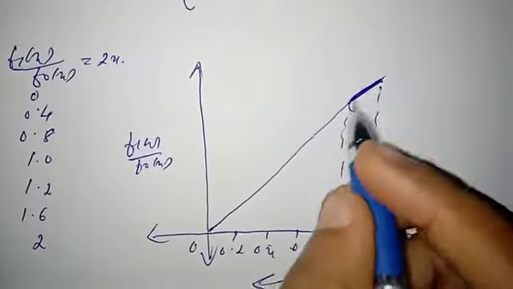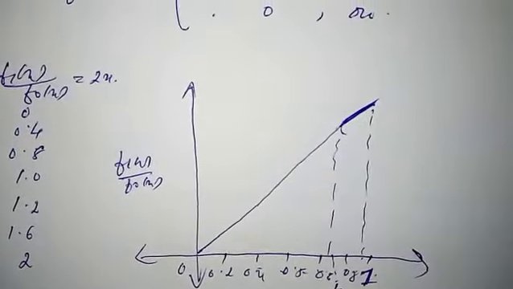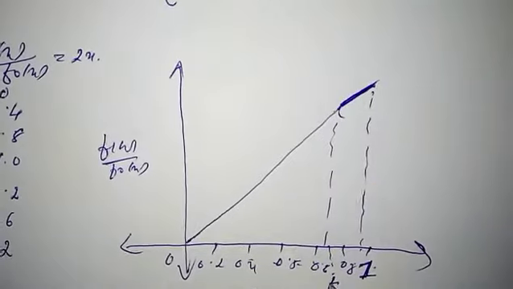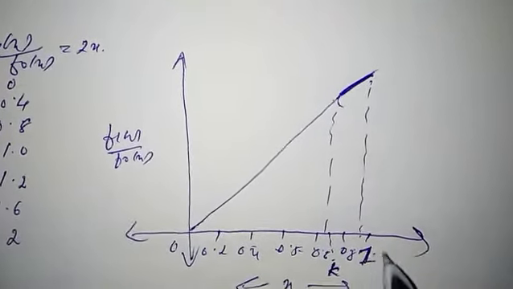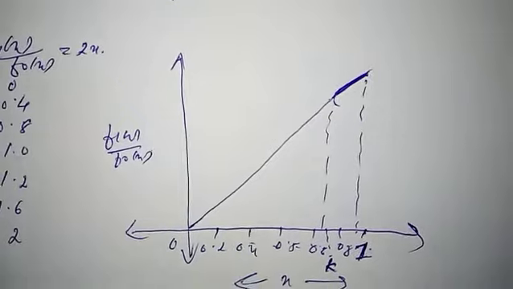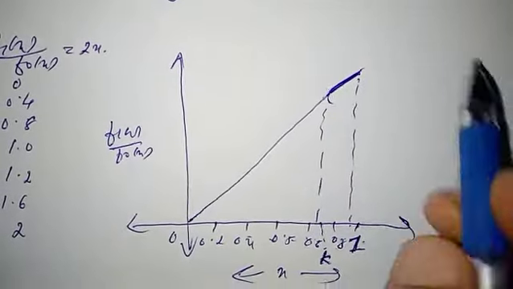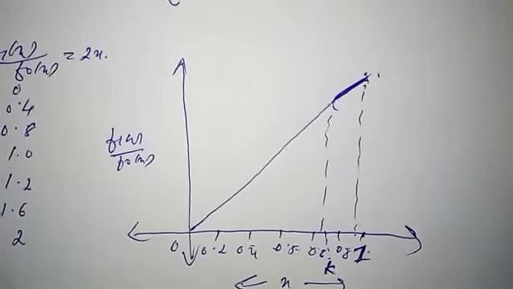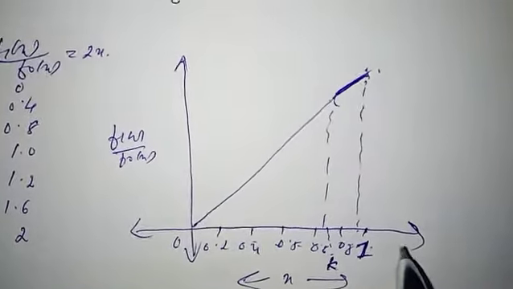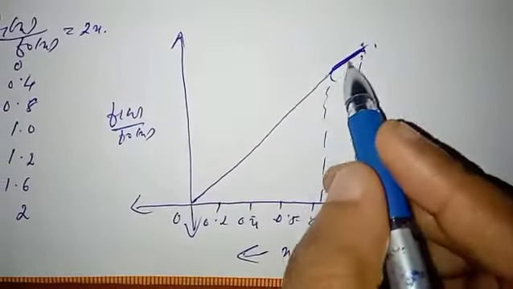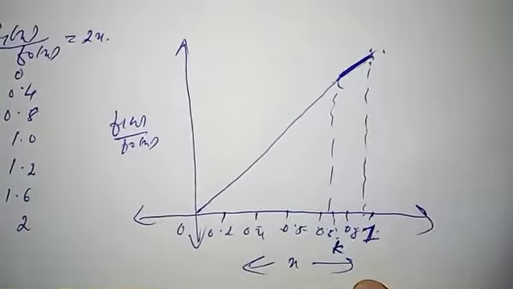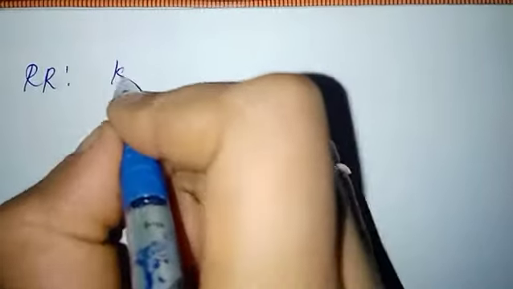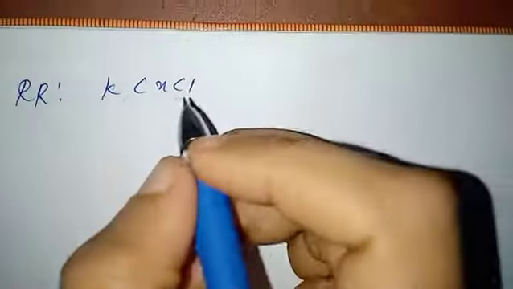The highest ratio value we take is k, and the last value is 1, because x takes values 0 to 1, so the upper limit is 1. Then the rejection region is k < x < 1. This is the maximum large value region.